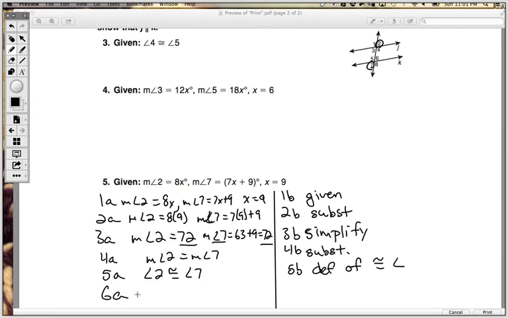And then the final piece here, we say that J is parallel to K because why? Well, I hinted at it just a few seconds ago, but you got to do the converse of, and then you got to state the relationship of the angles. 2 and 7 happen to be alternate exterior, so converse of alternate exterior angles.